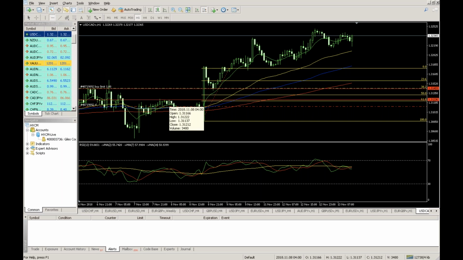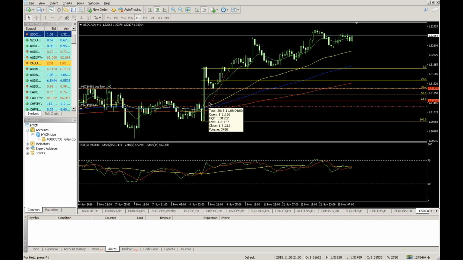I went for the 61.8 entry, and my order wasn't filled because obviously the price didn't retrace that far. But that was my logic and my reasoning there. And my stop was just running below the lows. So that is where you would have looked at entering.